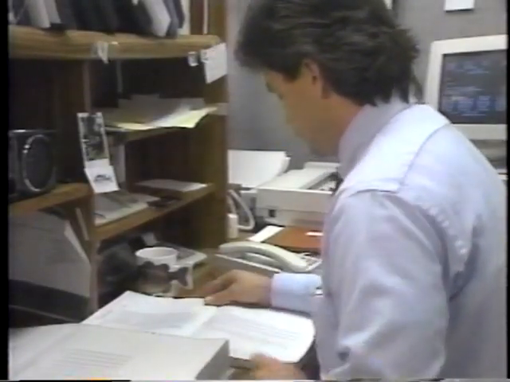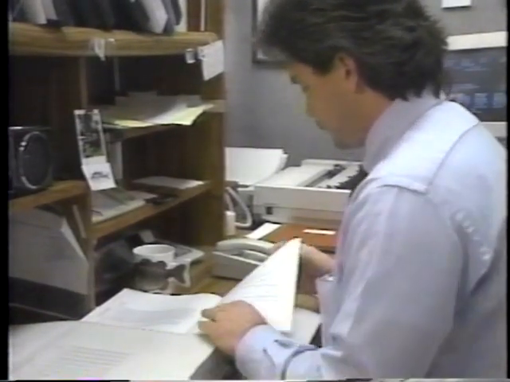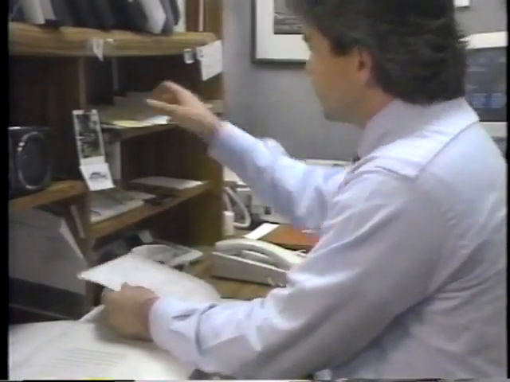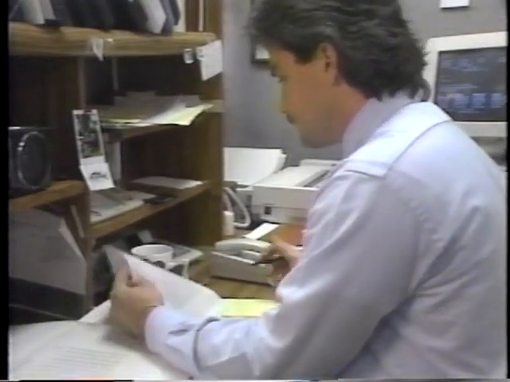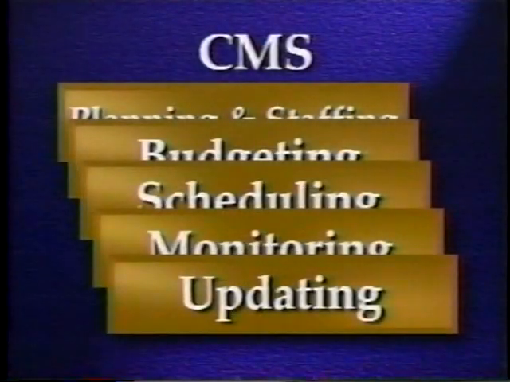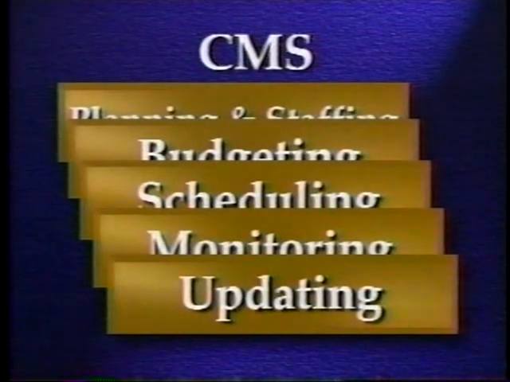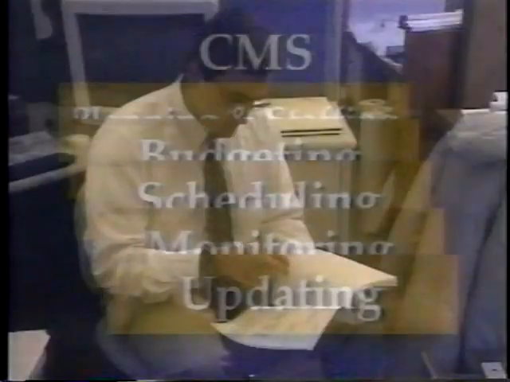This is done by dividing man-hours used by planned man-hours to determine percent of man-hours used. Next is system updating. Guidelines detail reviewing and updating the system annually.